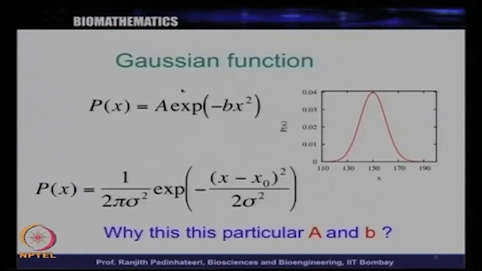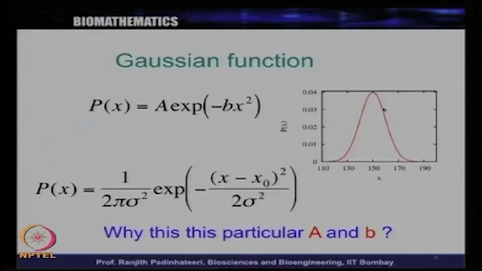Now, we know that this normal distribution is a Gaussian function. It is a mathematical function called a Gaussian. It has this particular form a e power minus b x square. If you plot this a e power minus b x square for some given value of a and given value of b, you will get this curve.